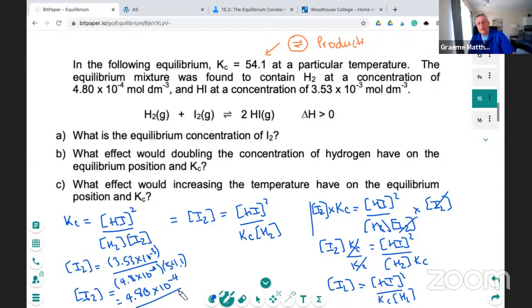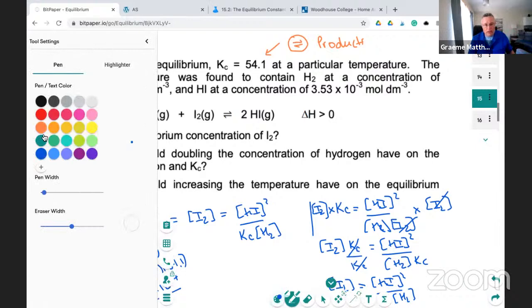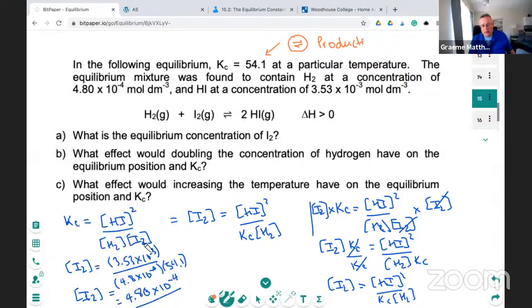Now, you're thinking, well, hold on a minute. For the mathematical people out there, could I have just said that H2 and I2 are in a 1-to-1 ratio?